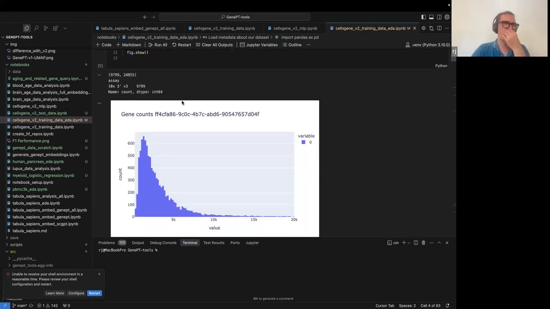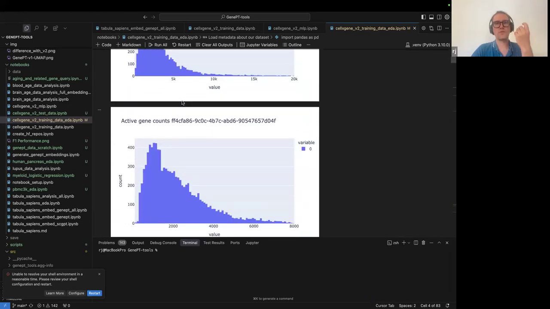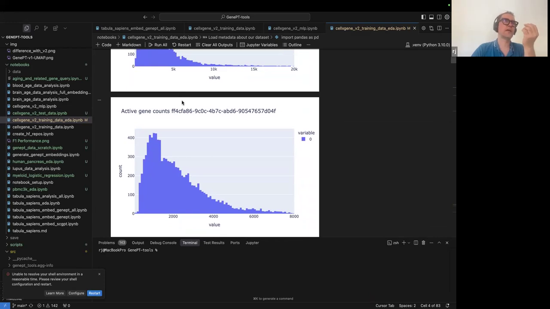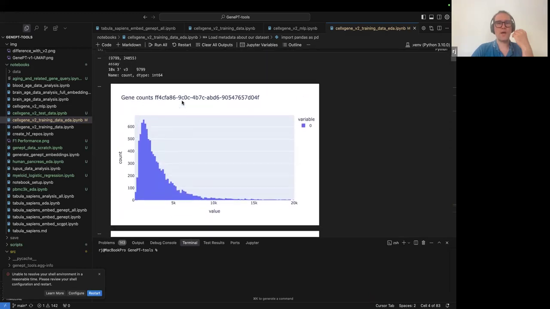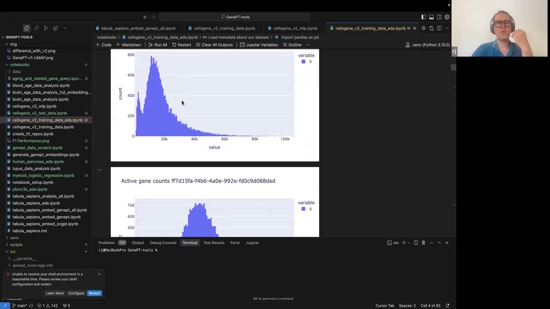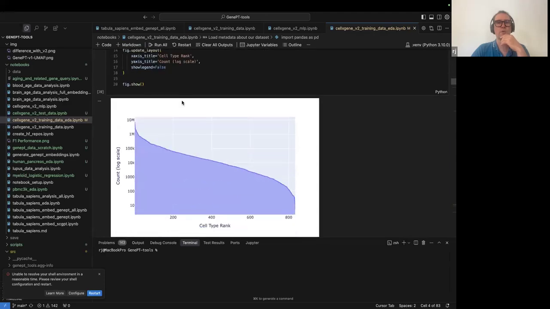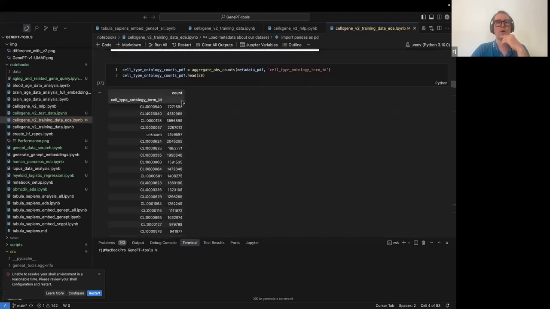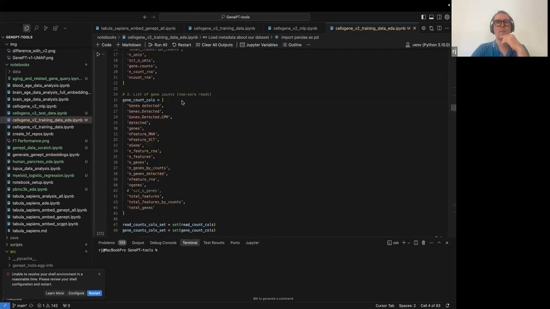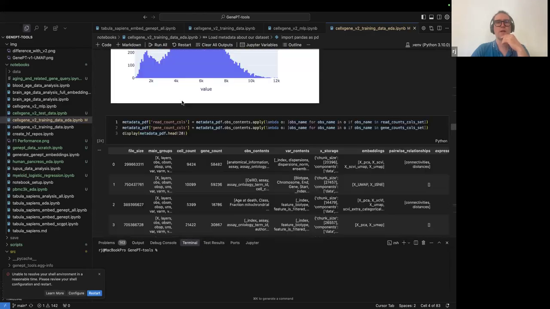So for a given file, it has this many genes expressed, the total number of gene expressions, and then the number of unique genes that were expressed. I plot this in a manual way with three files, and then go and get the distribution across all sorts of files.